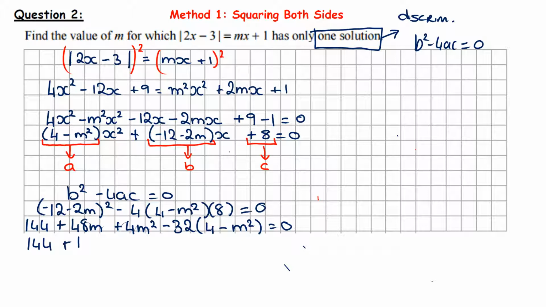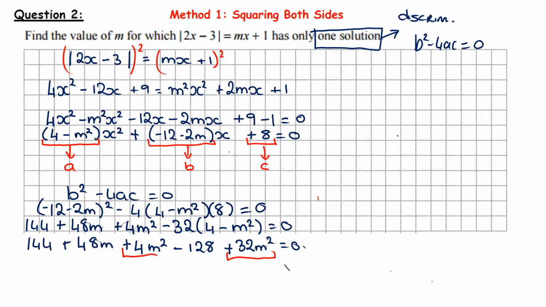So 144 plus 48m plus 4m squared, minus 128 plus 32m squared equals 0. So let's clean that up.